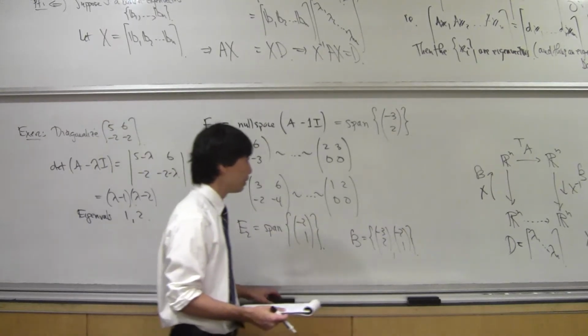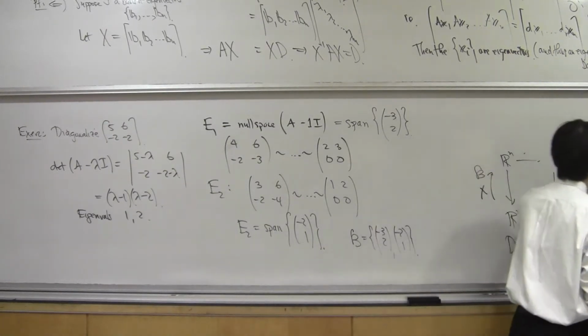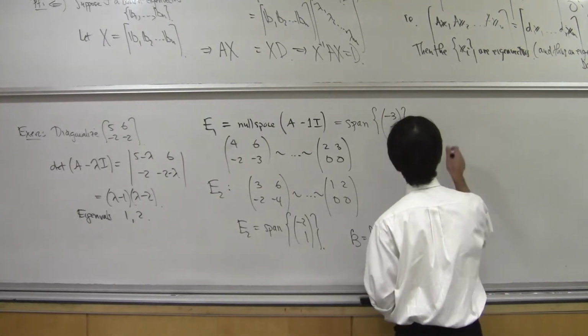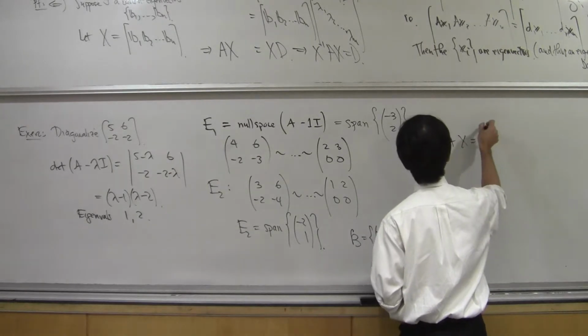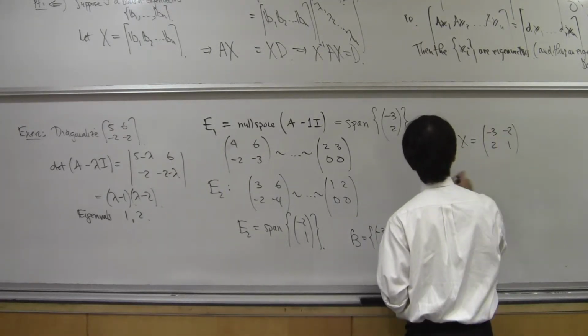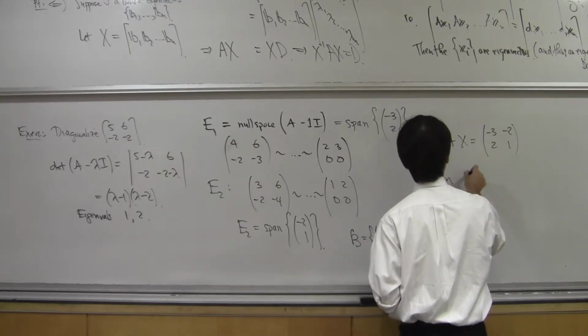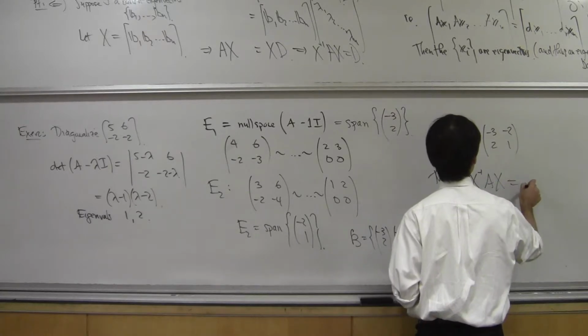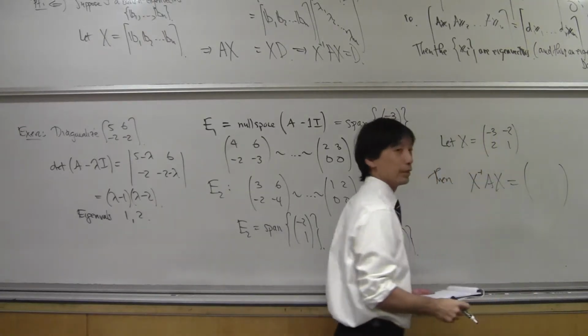And we use them to diagonalize, right? So we let X be the matrix -3, 2, -2, 1, then X inverse AX turns out to be a diagonal matrix, right?